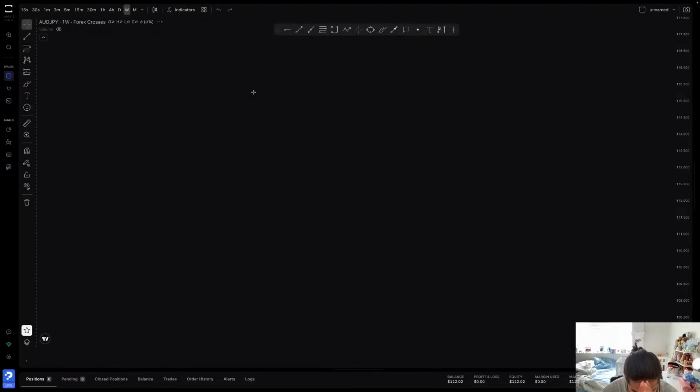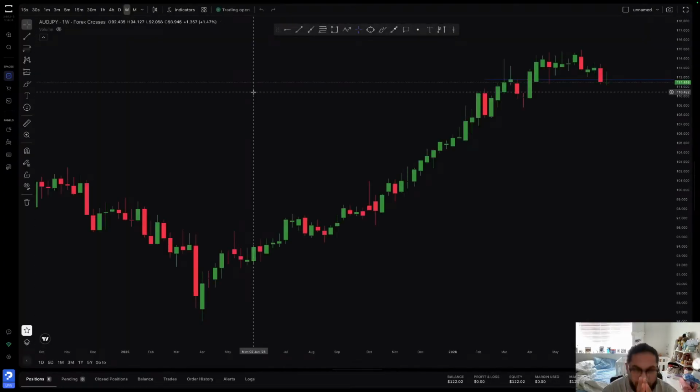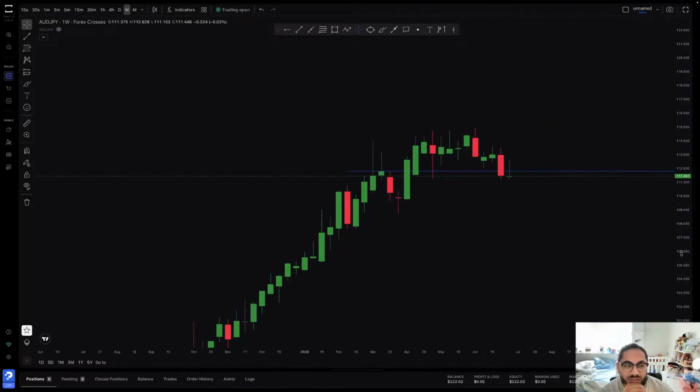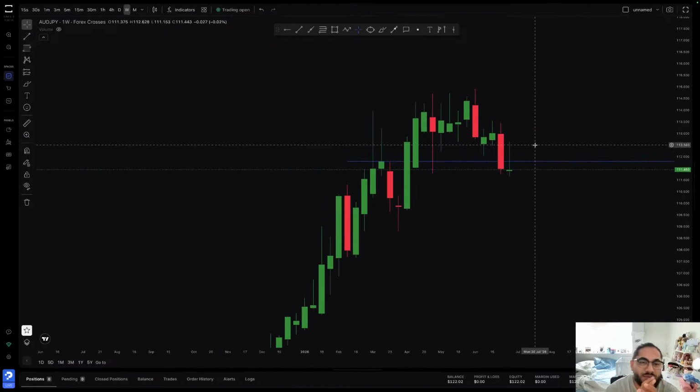So do I really need weekly? Or can I just stick to, because monthly to daily is telling me the overall structure, right? I understand that. It's giving me that overall structure.